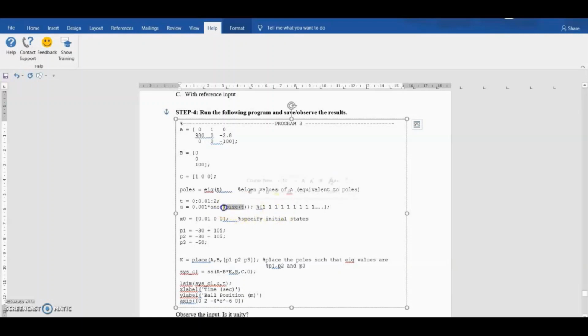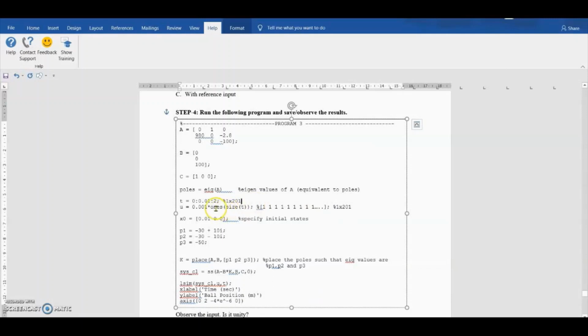So ones under bracket size of t means for each value it will have 1, as we have seen in the example, it will have 1 cross 201 number of ones, because size of t was nothing but 1 cross 201.